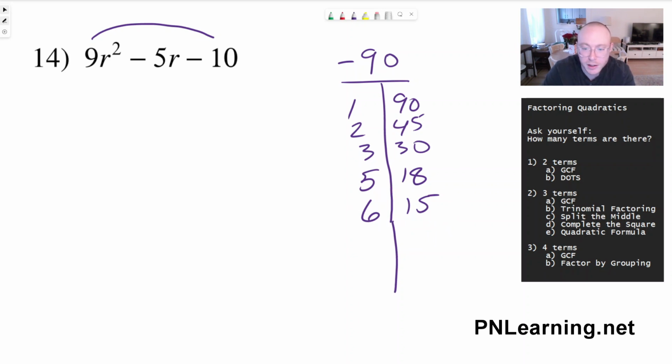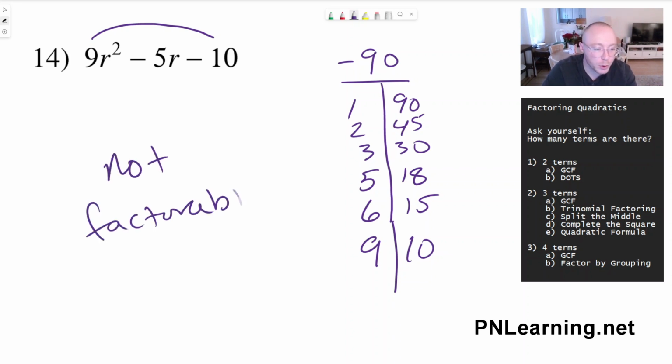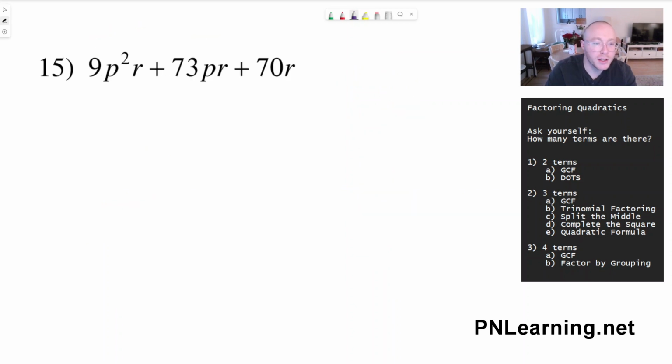So 7 and nothing, 8 and nothing because we do not have 4 as a factor, 9 and 10 obviously. And so let's see, can any of these have a difference of 5? So with this particular example, we just don't have the factors, and in this case, we would just say this is not factorable.